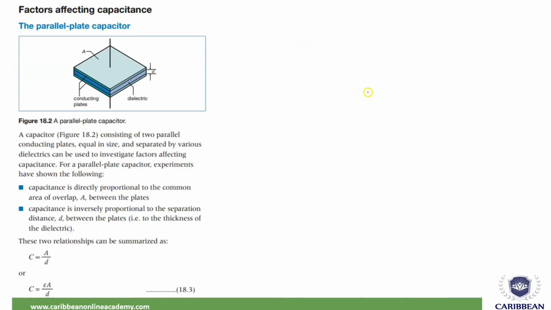All right. Now we move along. Now, similar to when we had a wire that had some type of resistance, right? We said that there are factors that can affect the resistance of a wire, right?